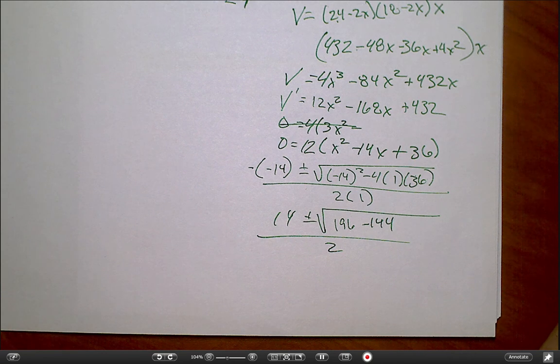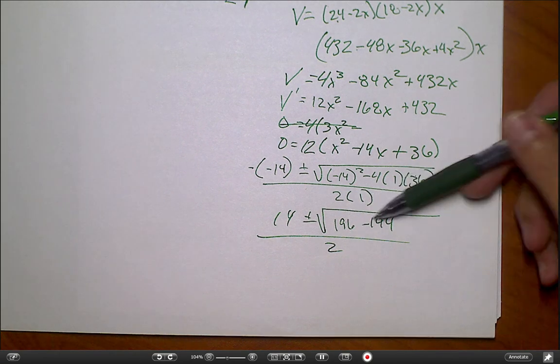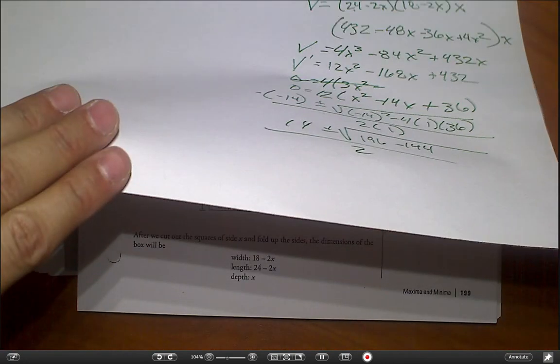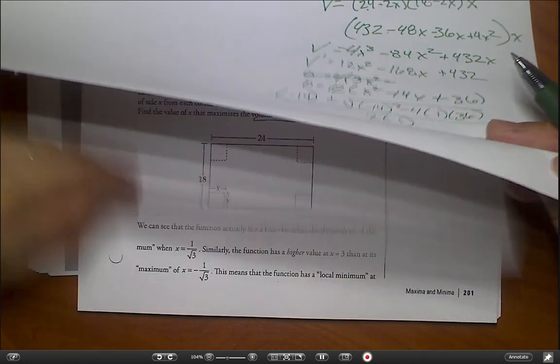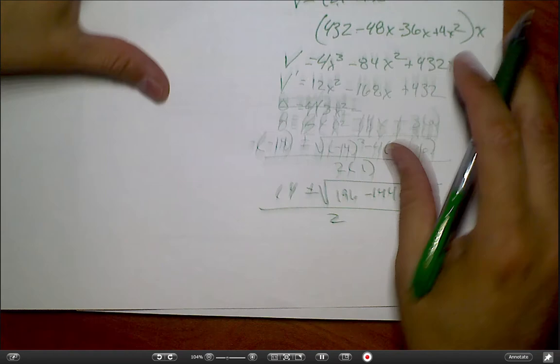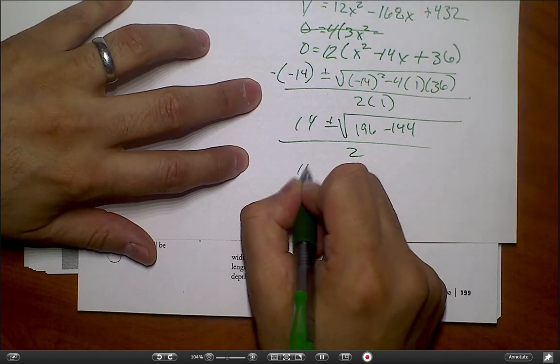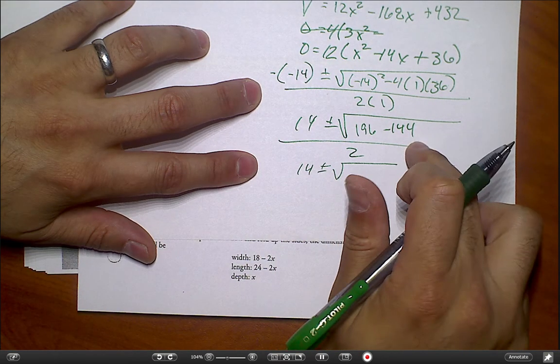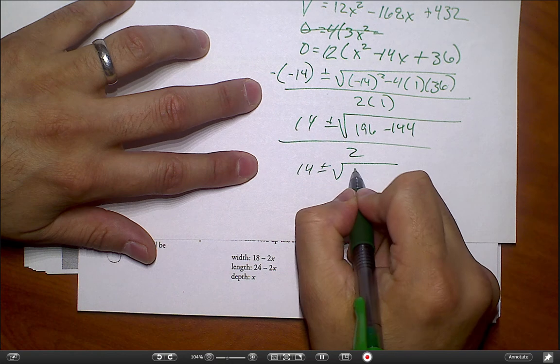And so that should give me 52. All right, so 14, plus or minus 2 times the square root of 52? Was 52 it?